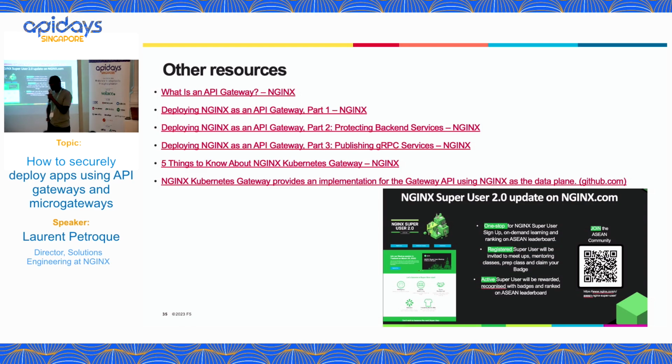Yes, so either on F5 or on Nginx, you could load balance gRPC traffic granularly. That's a good question.